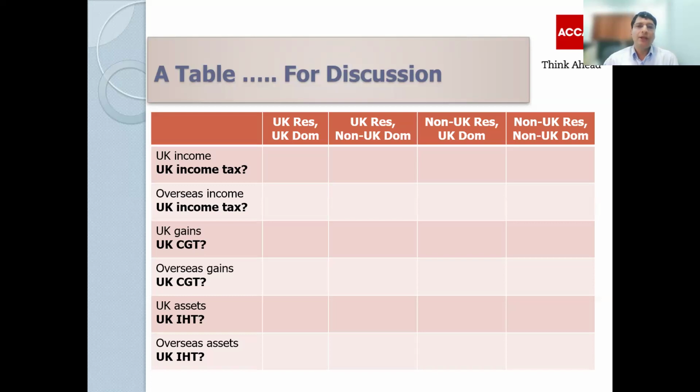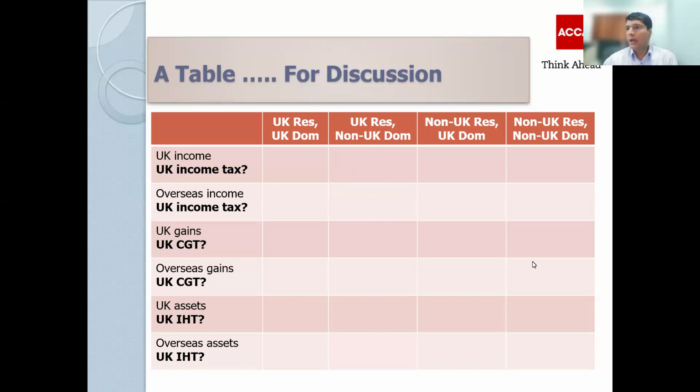What that means is, if someone is UK domicile and UK resident, then you cannot claim the remittance basis. In order to claim the remittance basis, you need to be UK resident as well as non-UK domicile, the second column. Now come to inheritance tax. The UK domicile concept is important.